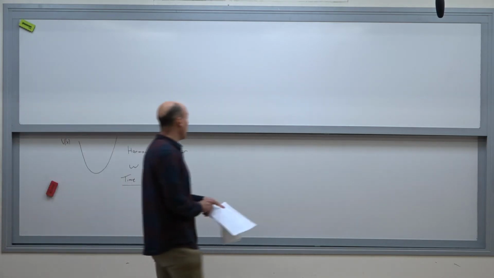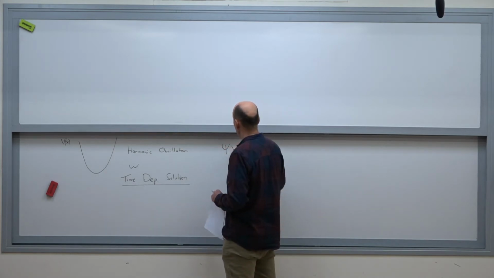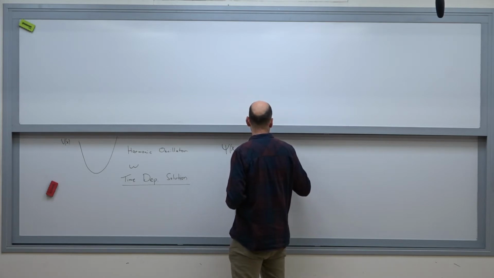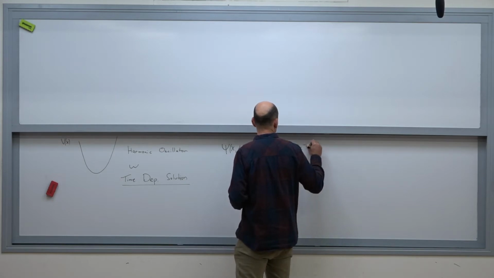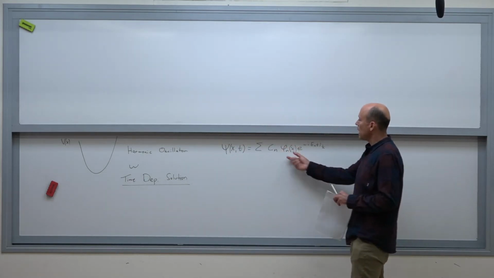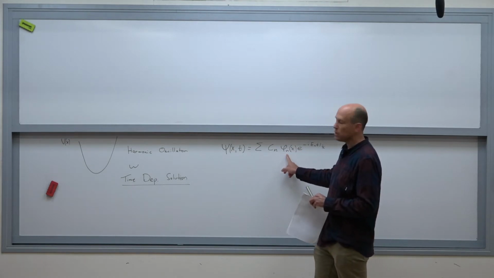So the wave function in position space as a time-dependent function is given by the sum of Cn phi n(x) e to the minus i En t over h bar, where phi n(x) are the eigenfunctions of the Hamiltonian in position space.